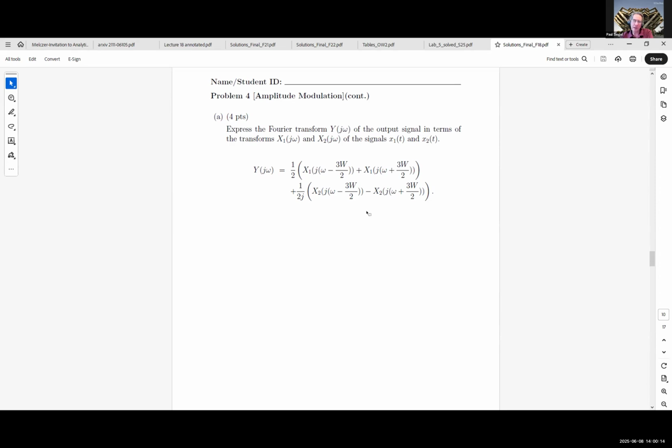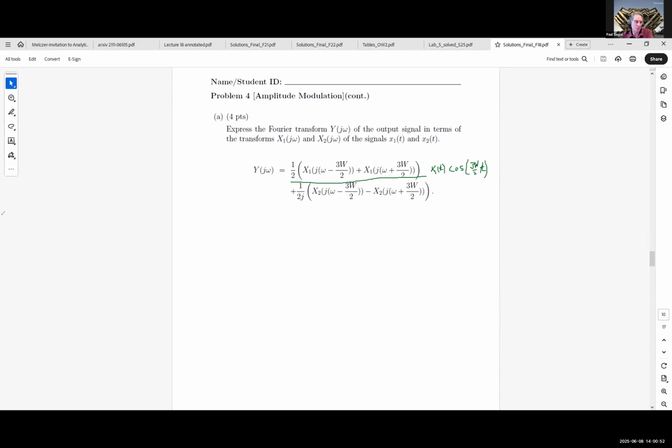So that's just a straightforward application of what happens when you multiply a signal by a sinusoid. And so in this case, the two components of the signal, you've got, this is the component that corresponds to x1 of t times cosine of 3w over 2 times t.